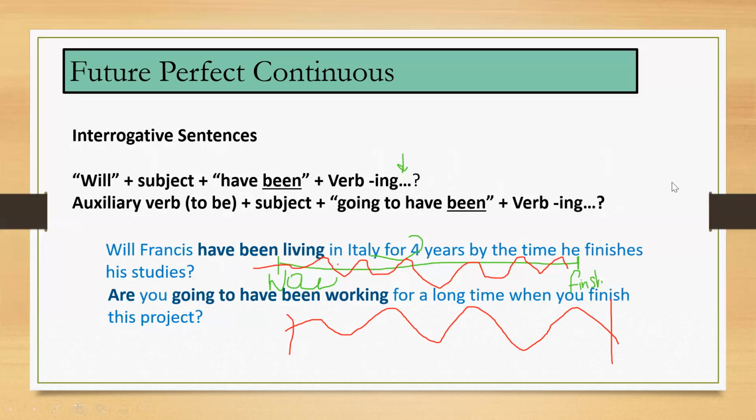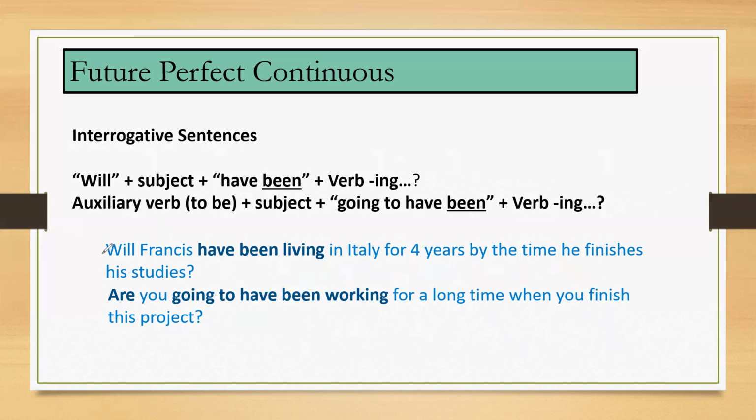Okay. Interrogative sentences, we already know that the auxiliary will has to go at the beginning, right? And then we can continue with the sentence, okay? So, will Francis have been living in Italy for 4 years by the time he finishes his studies?